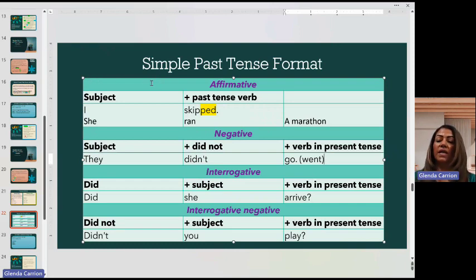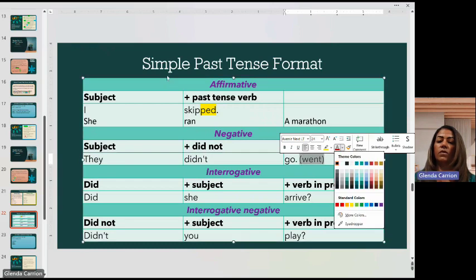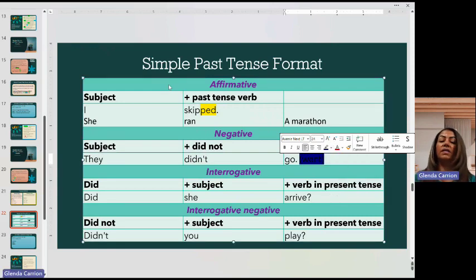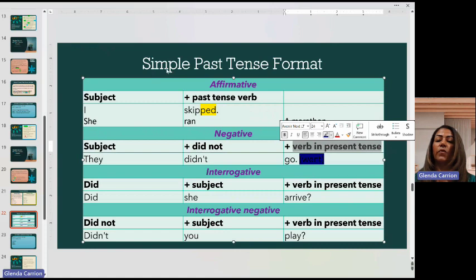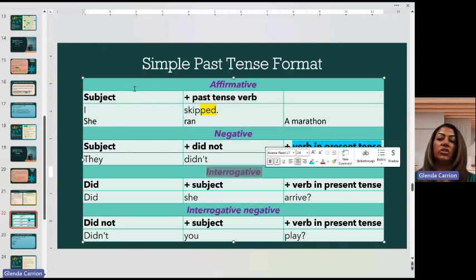So that's why instead of using went, we say they didn't go, okay? Because the verb, look at here, the verb is in the present tense, not in the past tense when it's negative.